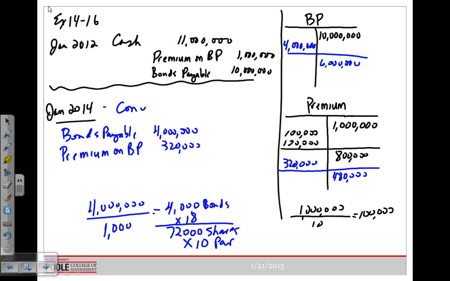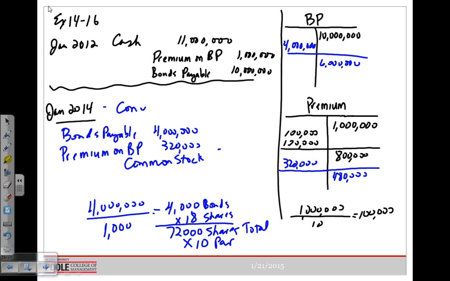And so I'm going to credit common stock. And just remember that each one of those bonds was convertible into 18 shares, and this is the total shares. It was 6 shares, but due to that 3-for-1 split, right, it becomes 18 shares.